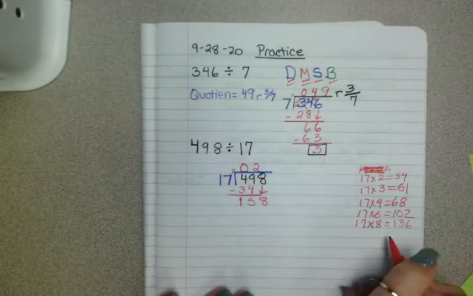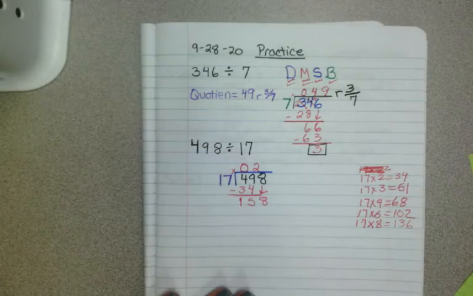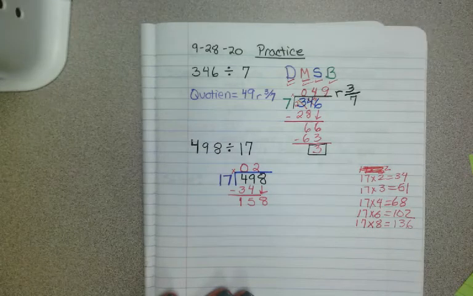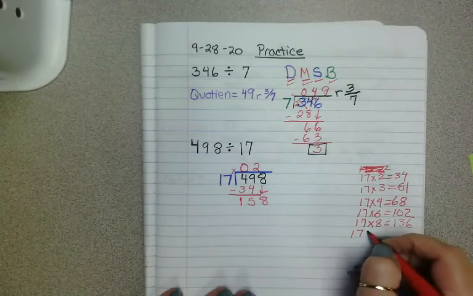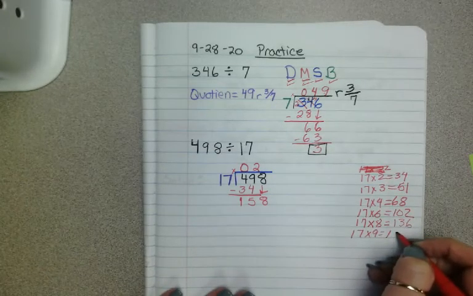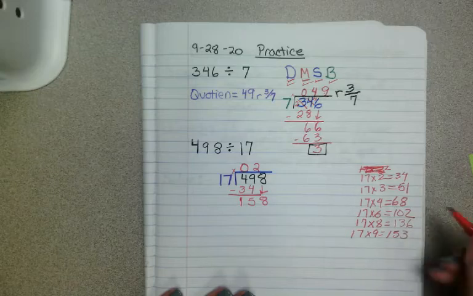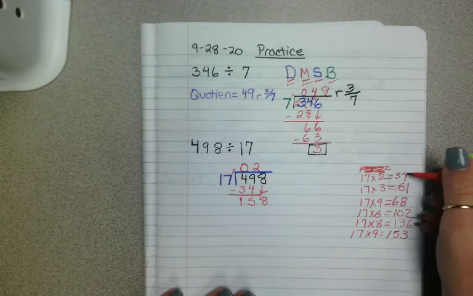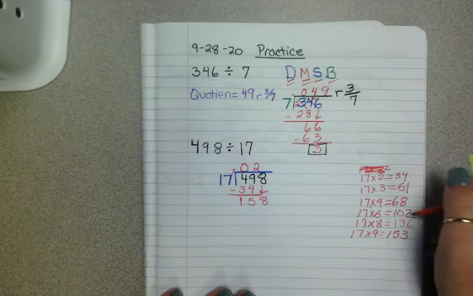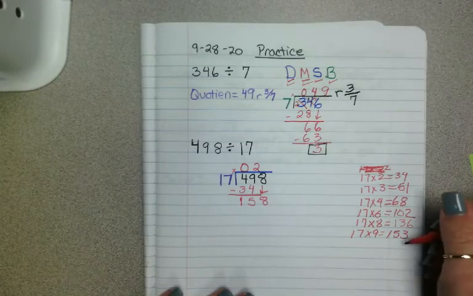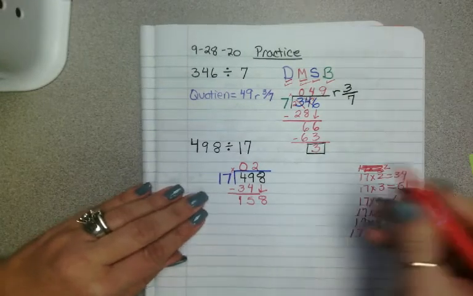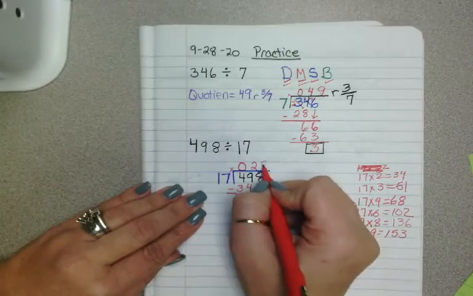All right, we may be able to go a little bit higher. 17 times 9 gives us 153. And you can just see that really in my products over here, I'm actually just adding 17 every single time. Okay, so 153. So I'm going to use 9.